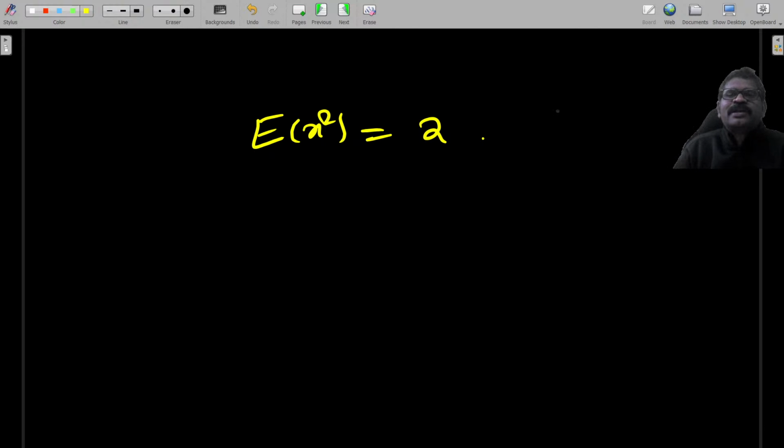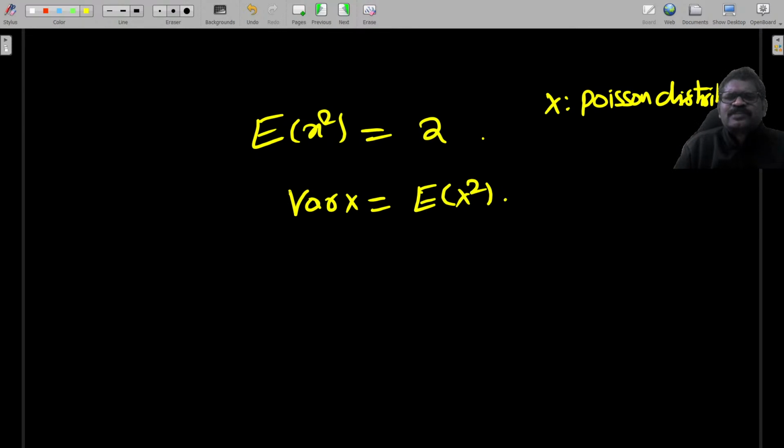Here the random variable x follows a Poisson distribution. The formula for variance of x is expectation of x square minus expectation of x whole square. The speciality of the Poisson distribution is that mean and variance are the same, that is lambda.